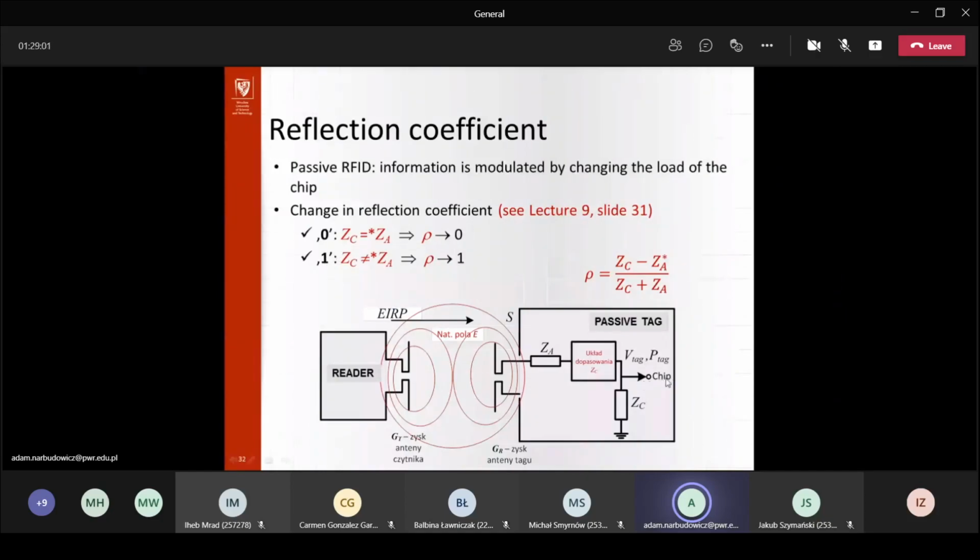And then, of course, once the chip is powered, it can usually execute a series of 1s and 0s in sequence. So effectively, by changing the impedance, we can change the reflection coefficients, which, from the reader's point of view, would be seen as a very simple amplitude modulation.